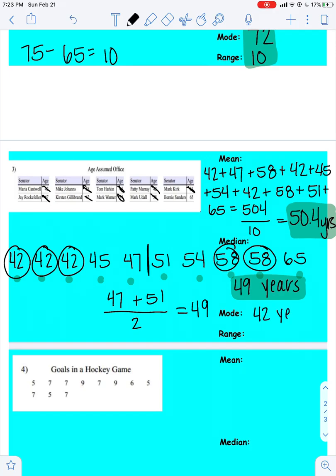So 42 is going to be my mode because it repeats more times. And then the range, we are going to take our biggest number, which is 65, minus our lowest number, which is 42, to get 13 as our range.